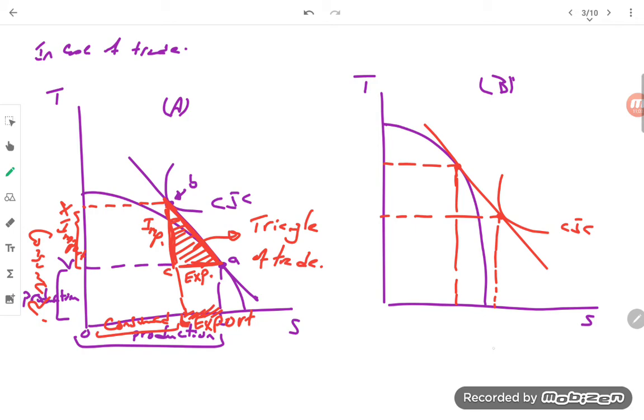So this is the quantity consumed of soybeans, and this is the quantity produced of soybeans. So there is a shortage of this area that would be fulfilled from imports from abroad. So this is the imports of the country.